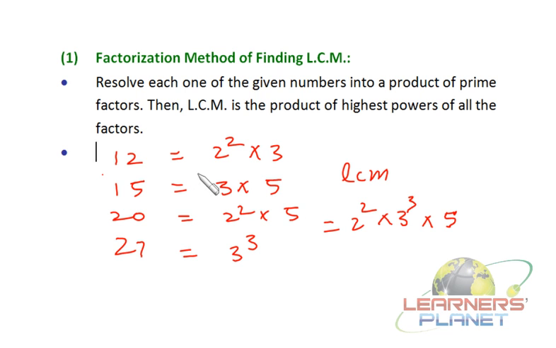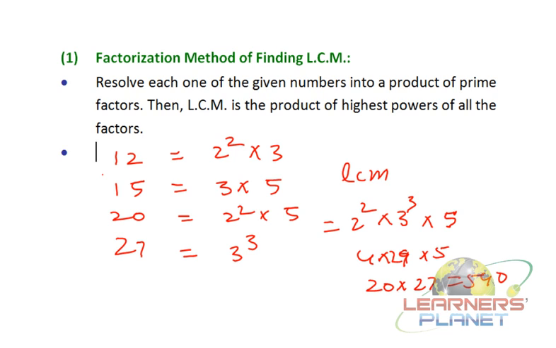That means LCM of 12, 15, 20 and 27 is 4 into 27 into 5, that is 20 into 27, that is 540.